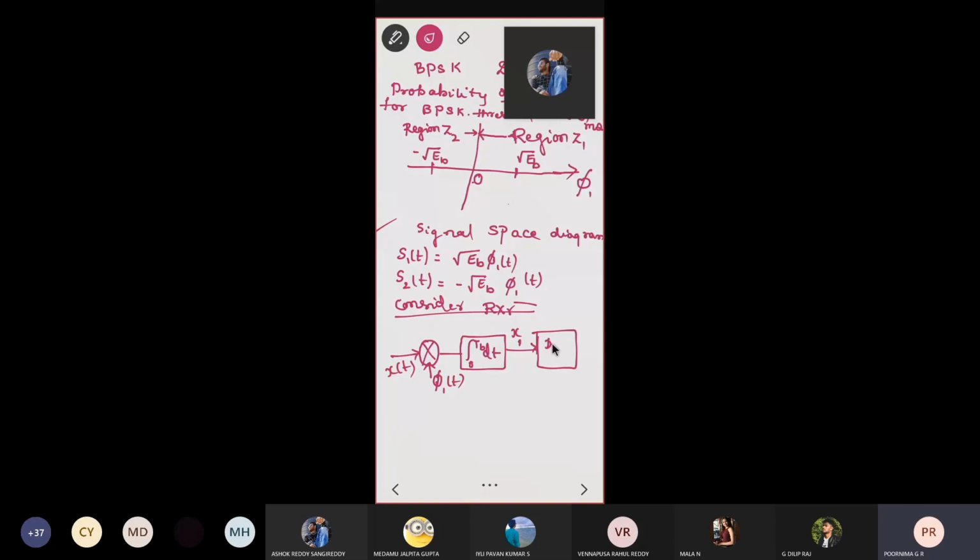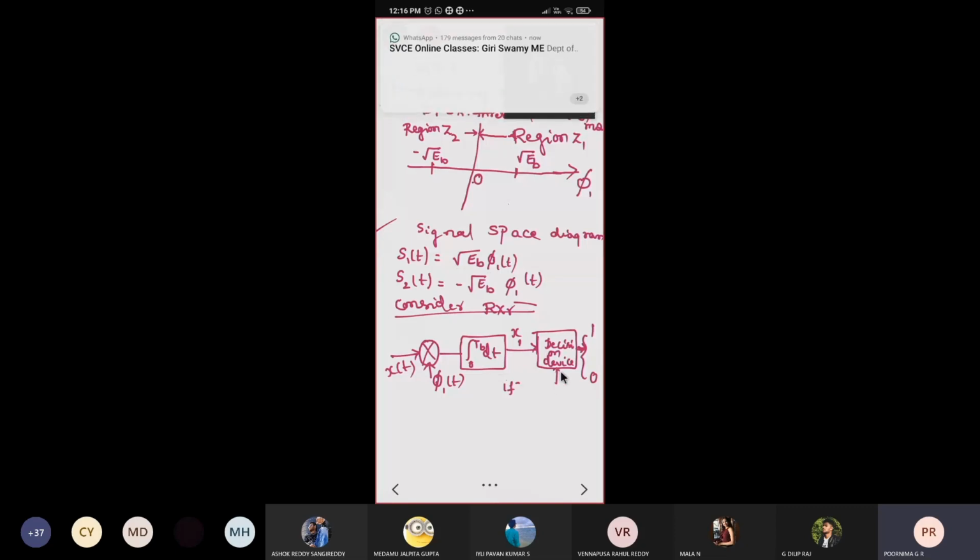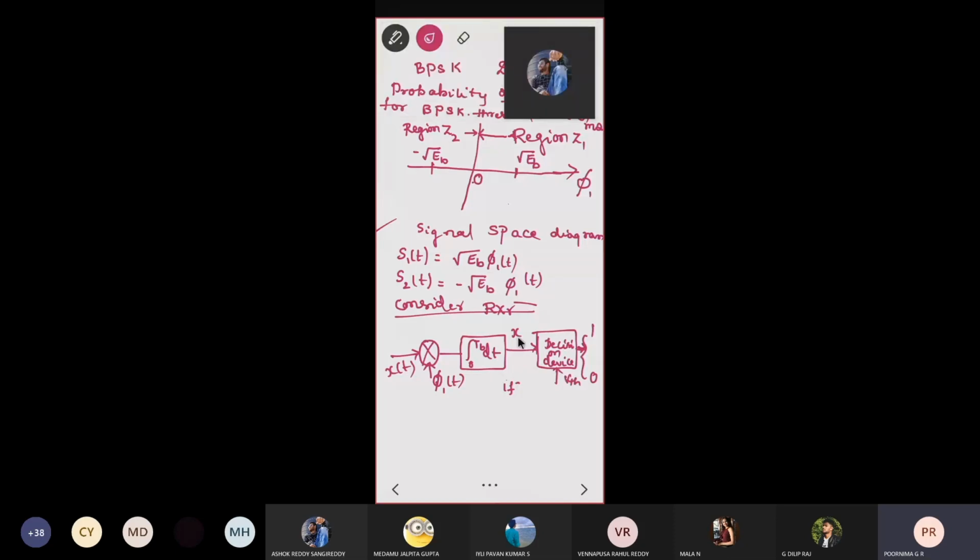With respect to the threshold, if x1 is greater than 0, then symbol 1 will be decided, and if x1 is lesser than 0, symbol 0 will be decided.